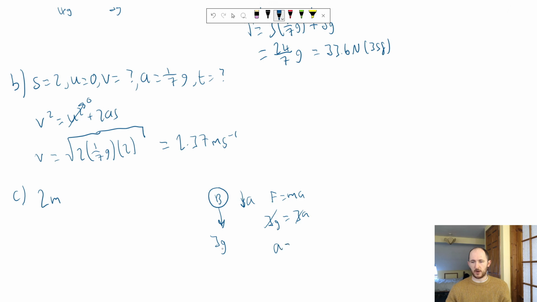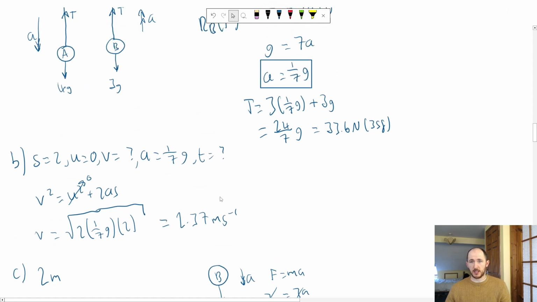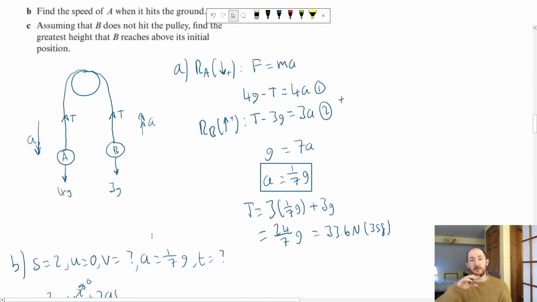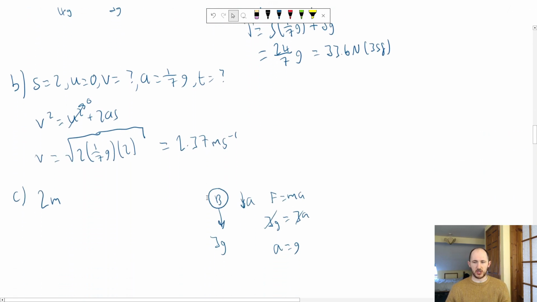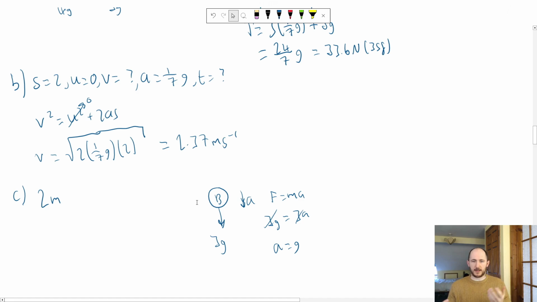So that's actually one of the reasons we use g all the time, because it actually tells us what the acceleration is straight away. Now, remember, all objects on Earth accelerate with g if they're under freefall. So in this case, it's under freefall. In the previous case, it wasn't under freefall. It was being dragged along a surface. So in this case, it's of course going to be g because it's falling.